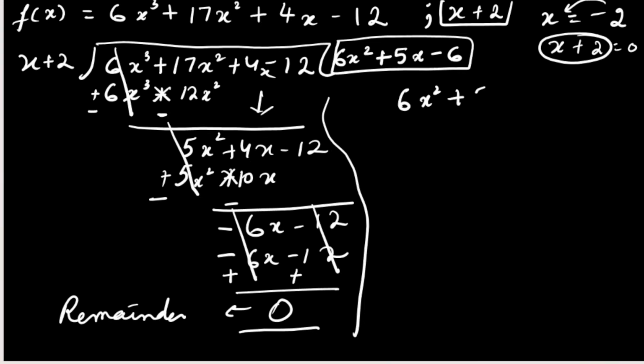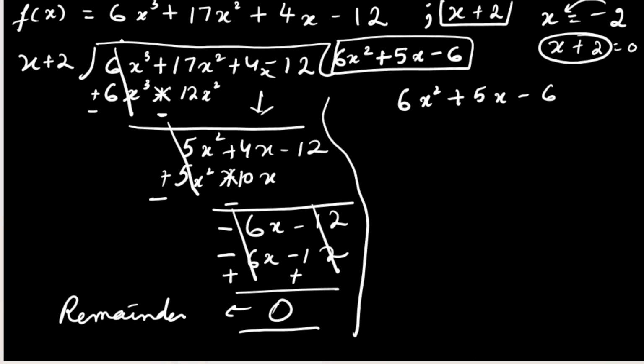This quadratic polynomial we are going to further factorize by splitting the middle term. Splitting the middle term, I am not going to explain here because we have already done that. I will just do this. First of all, the product of first and last we are going to take.